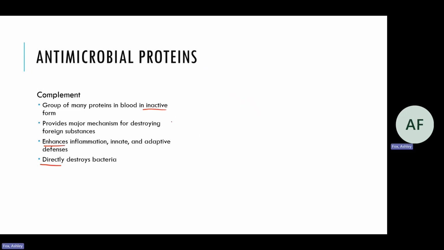So antimicrobial proteins, again, you can think of as communication proteins. So it's going to send out the alert to everywhere. It's going to increase inflammation. Again, we want that because you're going to increase blood flow and increase leakiness of the capillaries, so more things can leave, plasma proteins, all sorts of things that are helpful in repair and fighting infection can leave the blood vessels.